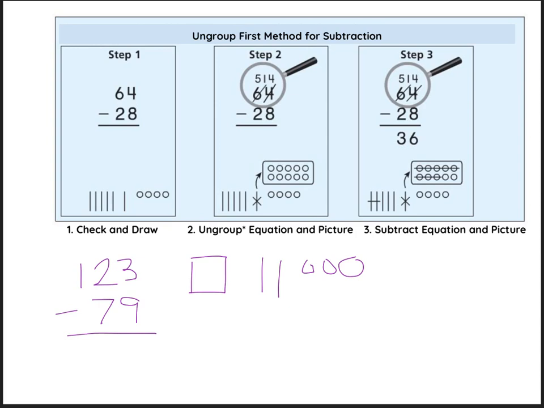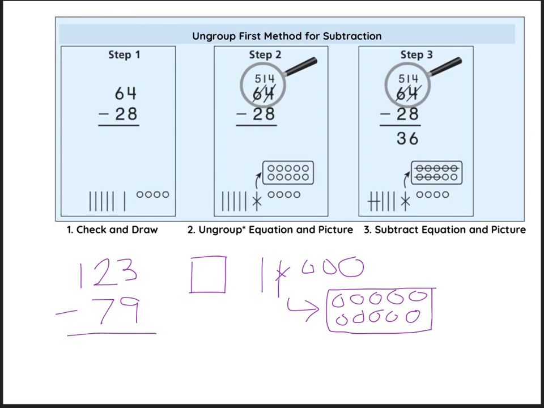So watch how I ungroup the equation and the picture. That's step number 2. I'm going to ungroup this 10, and I'm going to draw 10 ones, 10 more ones, so that I now have enough ones. I still have a total of 123, but I've written it a little bit differently.